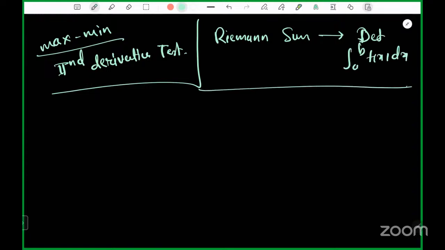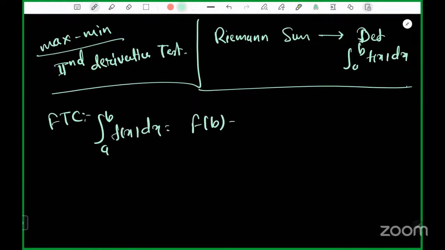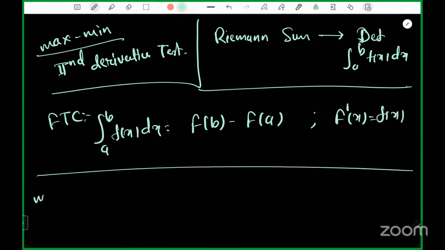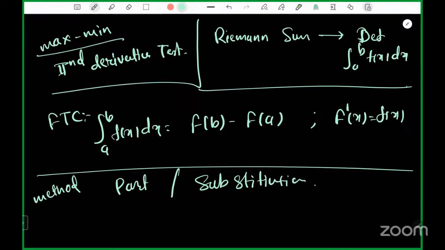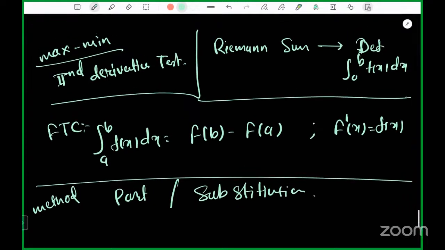After that we have the fundamental theorem of calculus, which relates the integration a to b f of x dx to capital F of b minus capital F of a, where capital F is the antiderivative, meaning the derivative of capital F of x is small f of x. And then we have some methods to find integrations, that is integration by parts and integration by substitution. Okay, so these are the topics we have covered in today's lecture.